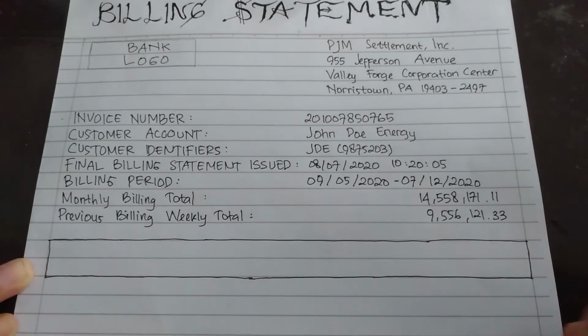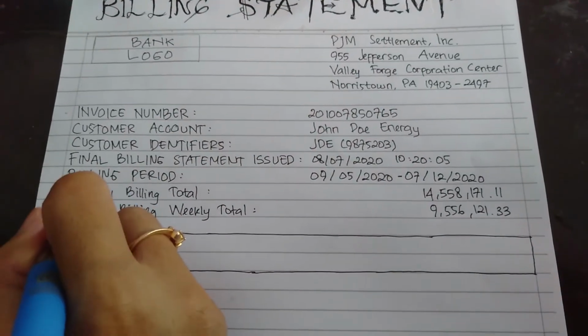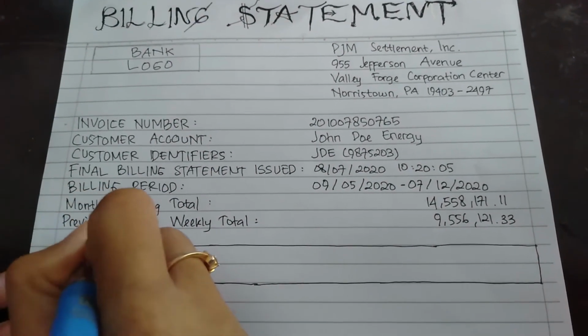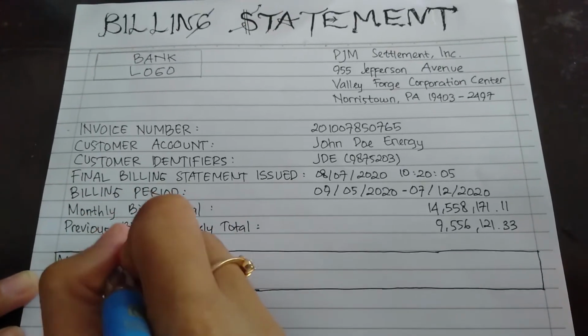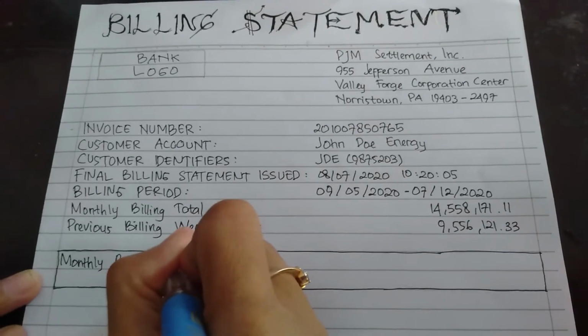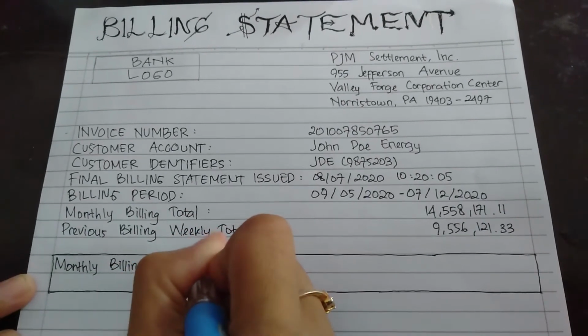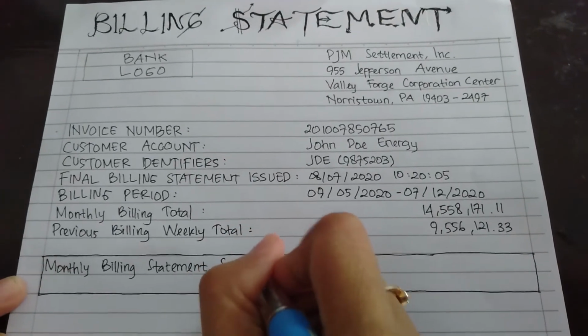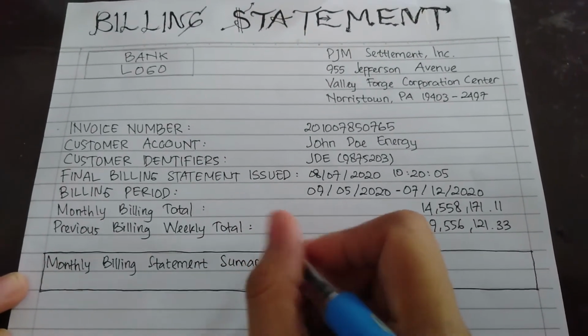For the template, it's going to be easier to check when you put a bar in the middle part in order to highlight the monthly billing statement summary. Yeah, this is the example of the highlight.